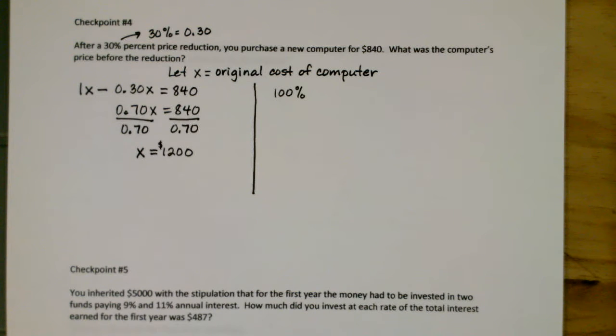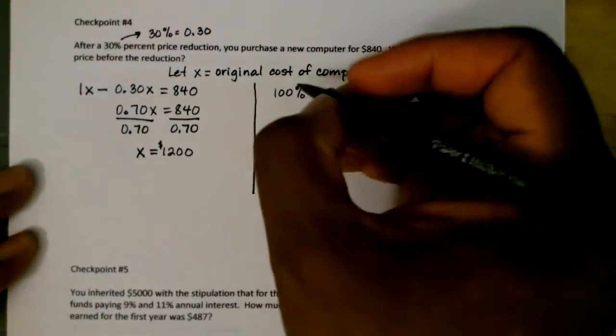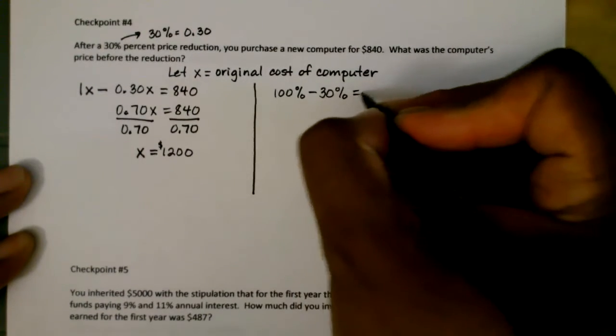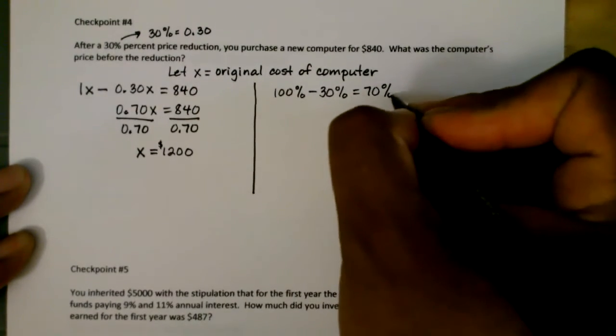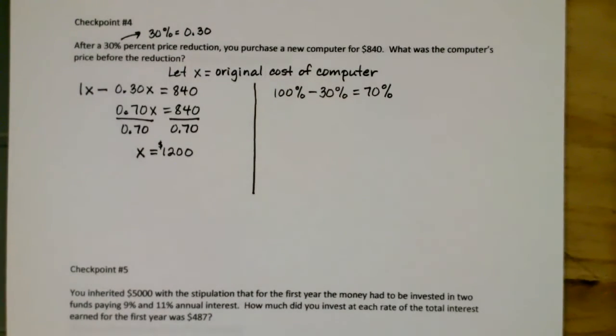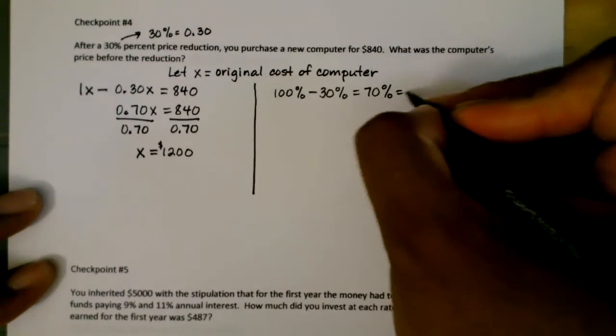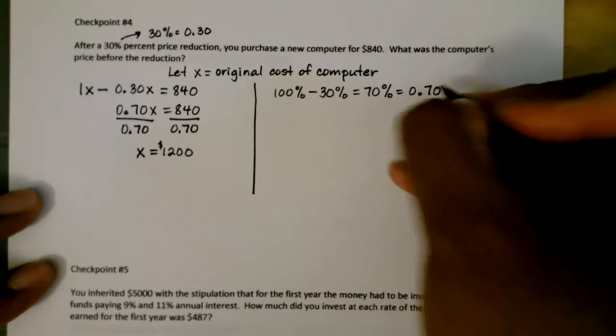But now you're going to pay less than that. It's going to be reduced by 30%. So if we subtract 30% from 100%, you'll get 70%, which means you're only going to pay 70% of the cost of that computer. And 70% as a decimal is 0.70.